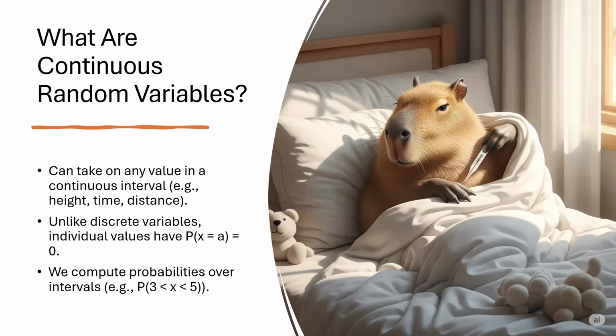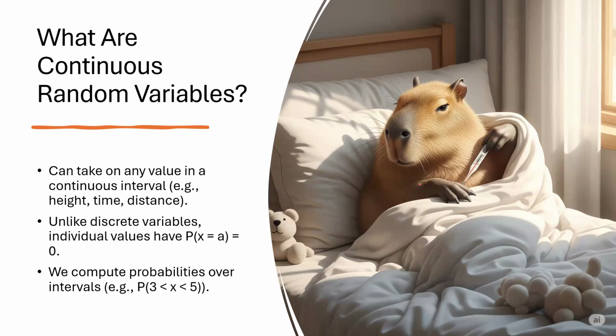Think about something like body temperature. It could be 98.2 degrees Fahrenheit, 98.24 degrees Fahrenheit, or 98.243 degrees Fahrenheit. In fact, there are infinitely many possible values. Because of this, the probability of getting an exact value, like exactly 98.243 degrees Fahrenheit, is essentially zero.